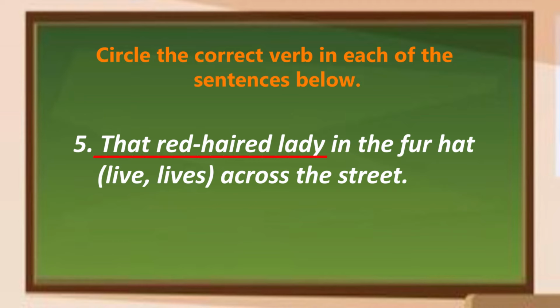This subject is singular. Therefore, it must be followed by a singular verb. And that singular verb in this case is the word lives. That's correct. Now let's read the sentence as a whole. That red-haired lady in the fur hat lives across the street.